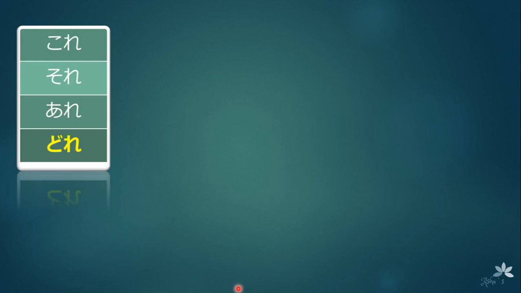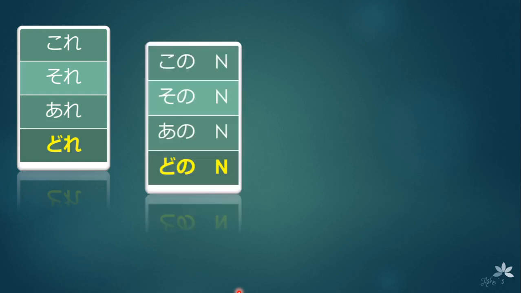In our second lesson, we had learned kore, sore, are and the interrogative dore. In the third lesson, we learned the words kono, sono, ano, dono, which are followed by a noun.